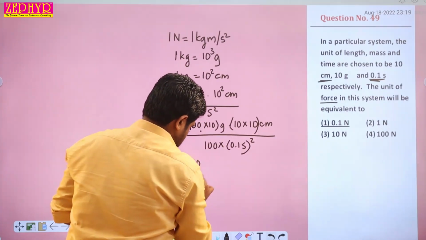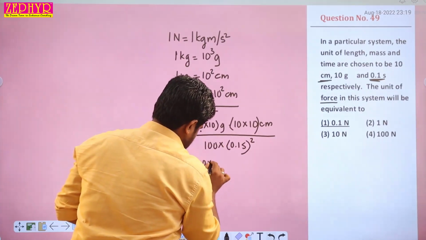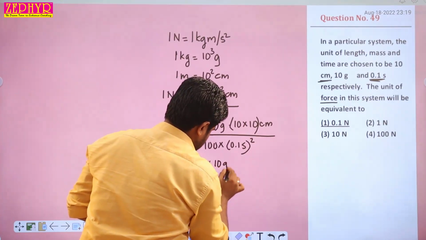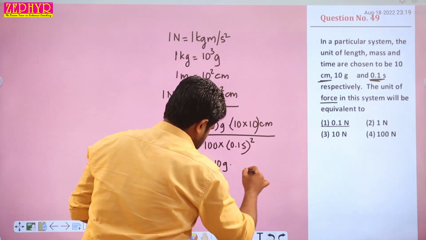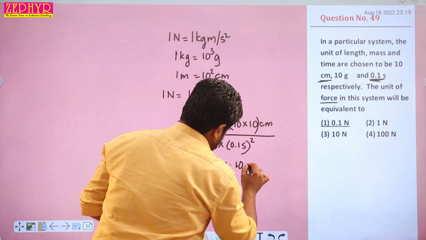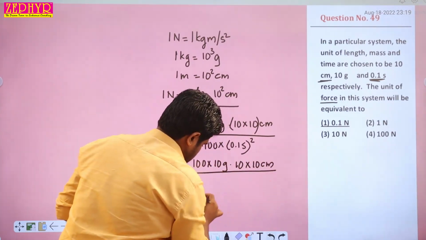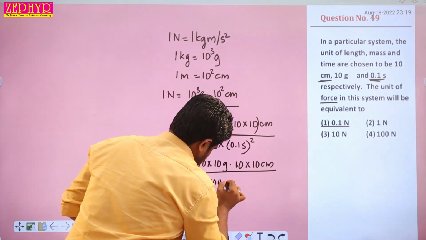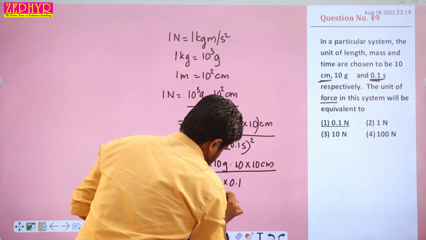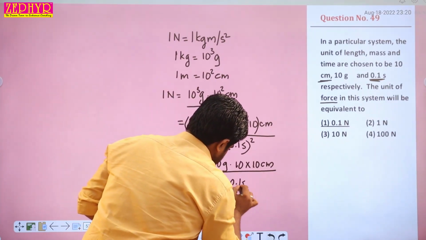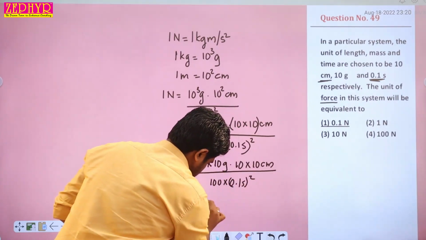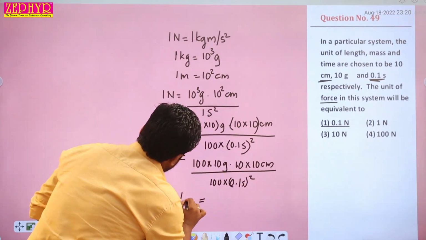So now 100 into 10 gram into 10 into 10 centimeter all divided by 100 into 0.1 second square, that is equal to 1 Newton.